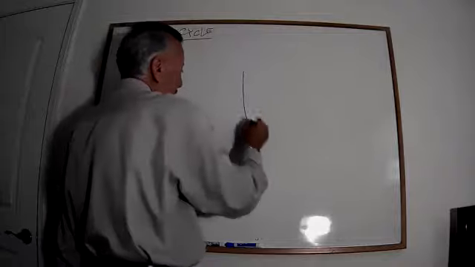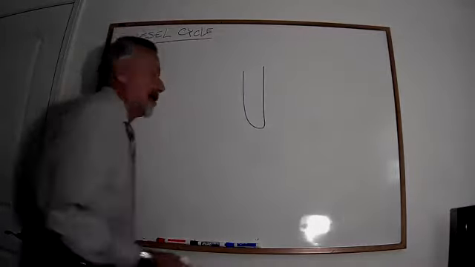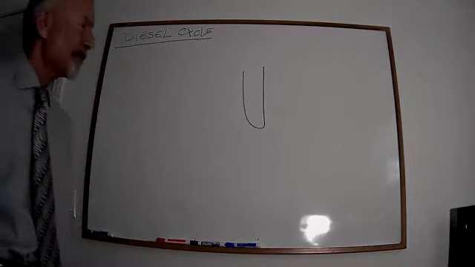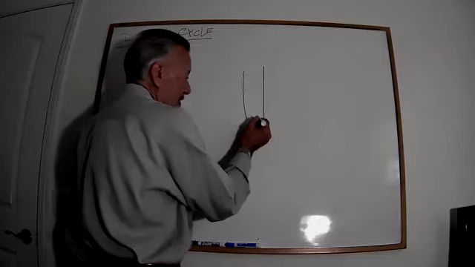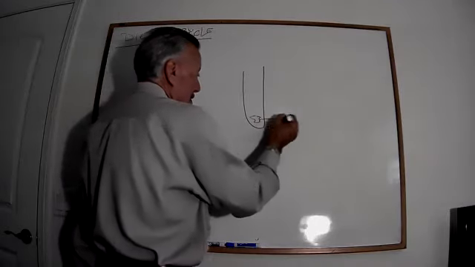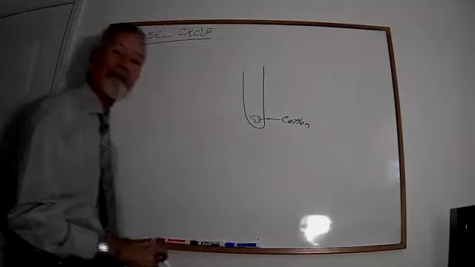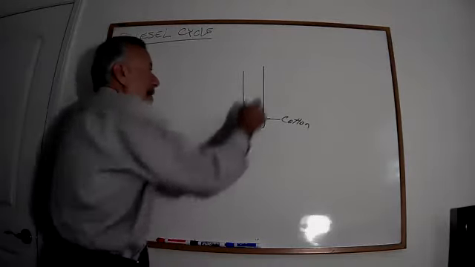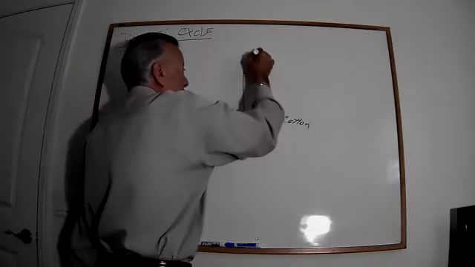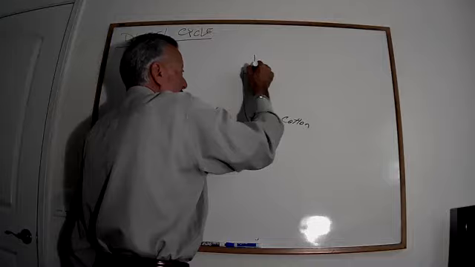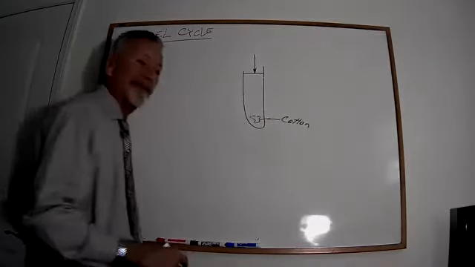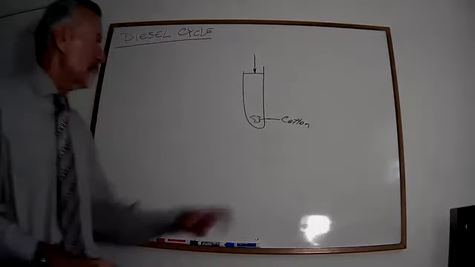He came up with some idea. He got a tube. He put a little piece of cotton in that tube. Then he put a little piston at the top of it, in that tube. Nothing else.